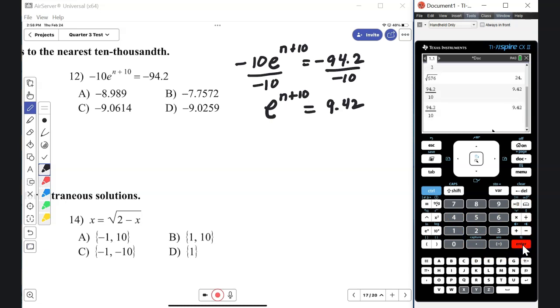So now, since we have base e, we're going to write natural log of e raised to the n plus 10, natural log of 9.42.